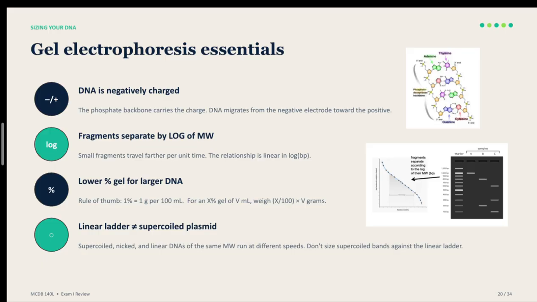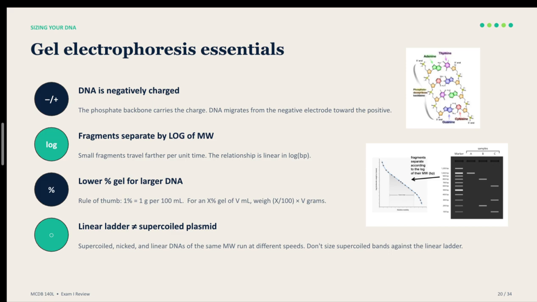I think this is a really important formula, and I've not really talked a lot about the calculations. We kind of just take for granted that in our lab manuals, the numbers and the amounts that you want are given to us. But it's really important you understand how we got those numbers and why we're using specific percentages.